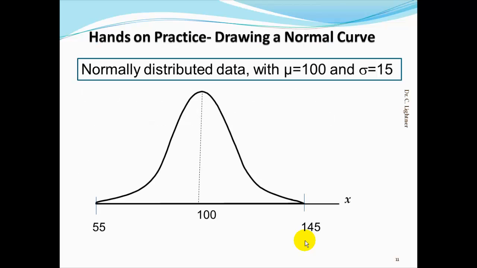You should have drawn a curve with the highest point occurring at 100, and your lower endpoint value should be 55, that's 3 standard deviations below the mean, and your higher endpoint value should be 145, which is 3 standard deviations above the mean.